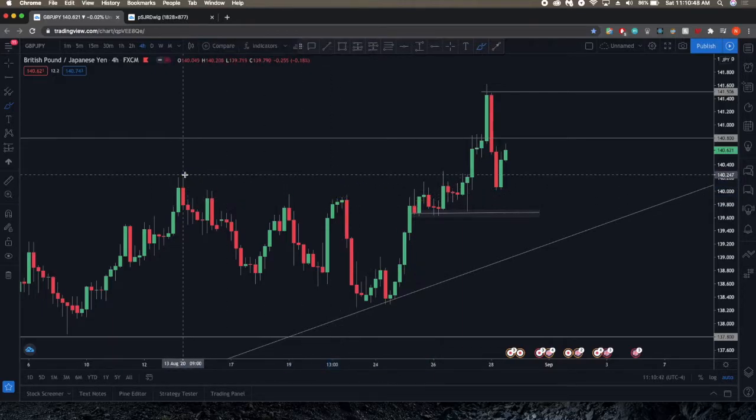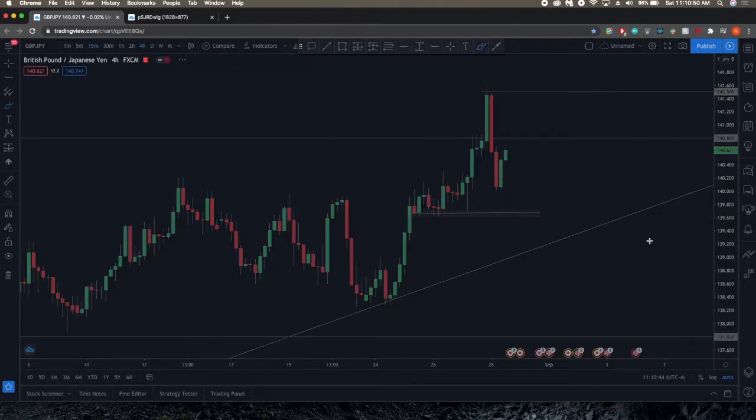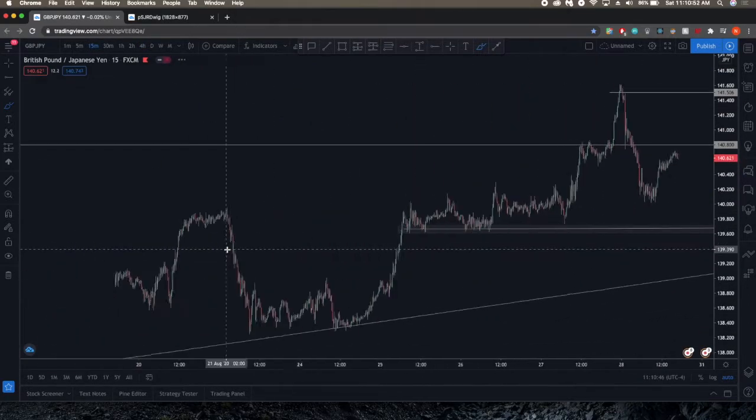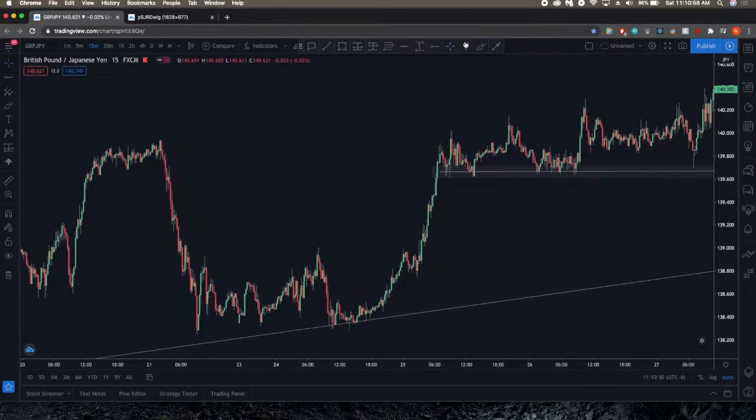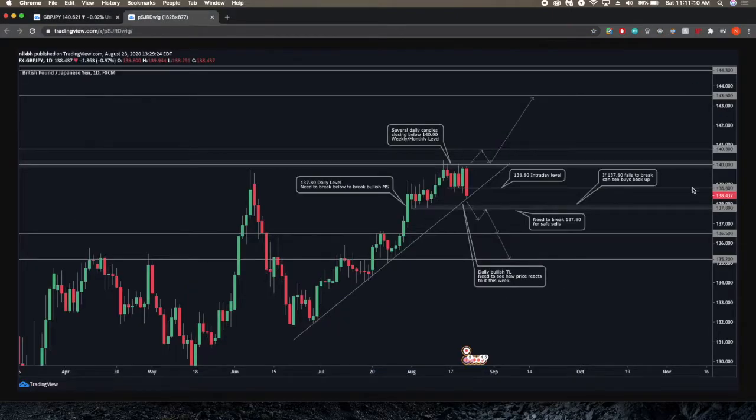Cool. Okay, so let's see what happened in lower time frames. In lower time frames, after this bullish move, price respected the trend line, right? We came up, created a high, and then we created a lower high near 138.800.